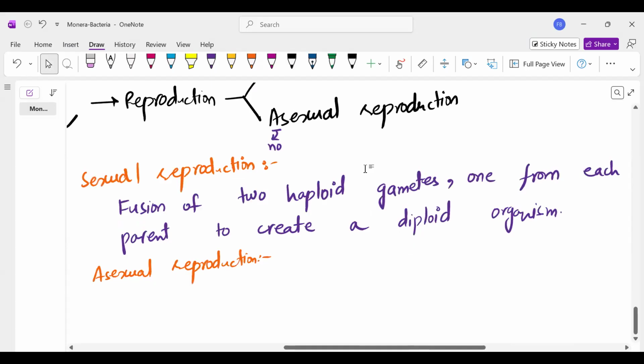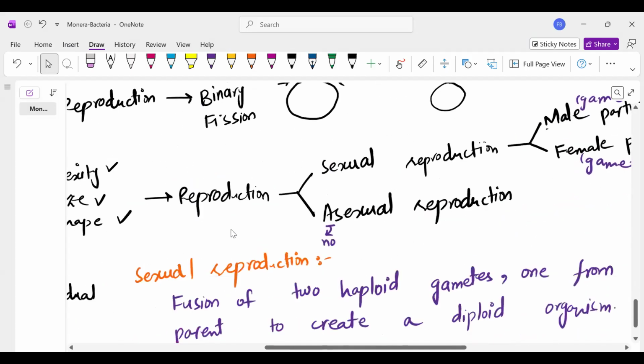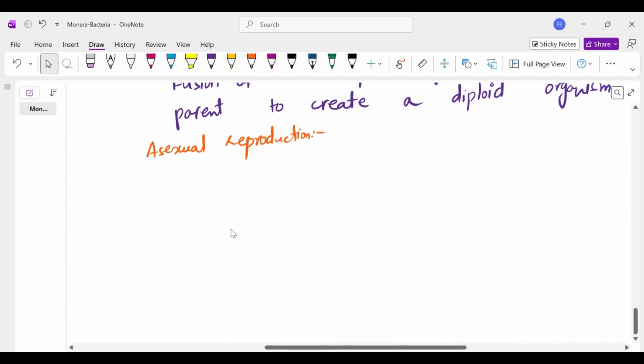Now, I was going to tell you about asexual reproduction. In this there is just one parent involved, and it will produce offspring, and those offspring will be genetically identical to each other. There are some plants as well where this happens. Just like binary fission in the unicellular organism, there is binary fission in multicellular organisms as well.